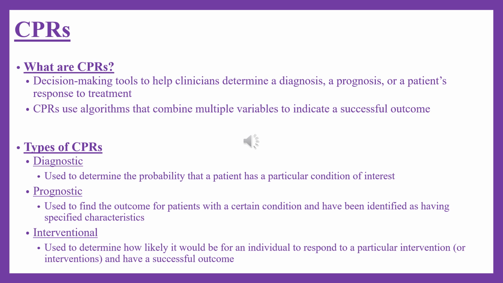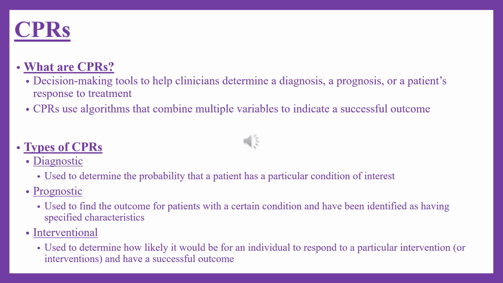Full recovery, partial recovery, etc. What will the timeline be for this individual based on the characteristics they have? How will they respond to specific therapeutic modalities or exercise interventions? Okay, it's really just helping us determine how well they will recover based on the characteristics that they have both before and after an injury occurs.